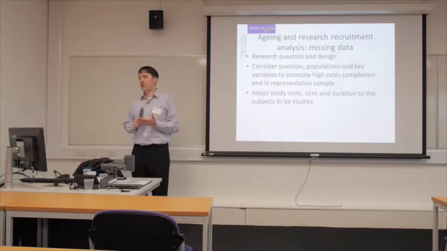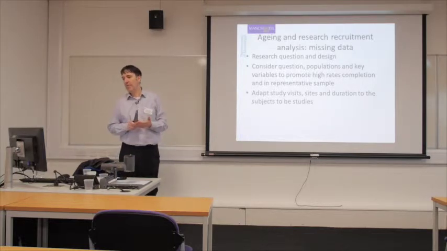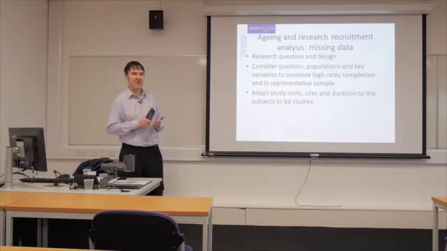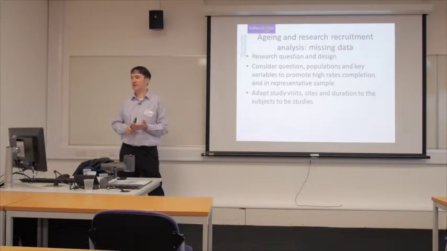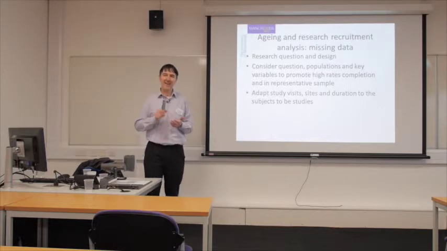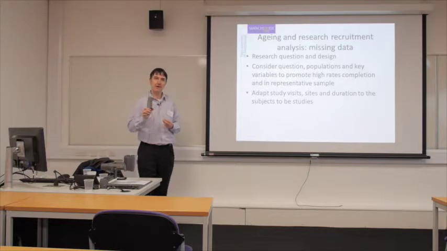So what can you do about missing data from a planning point of view? You can think about your research question and design to make it efficient so that you minimize the risk of missing data as much as you can. And look at your key questions and key domains of collection and make them a priority to collect.